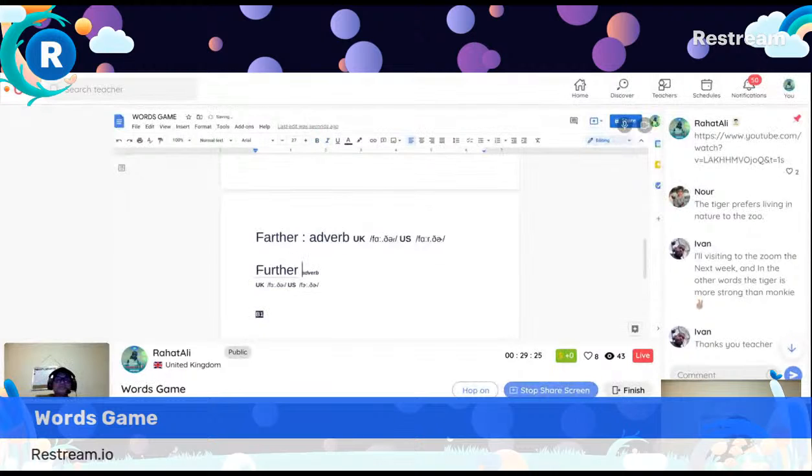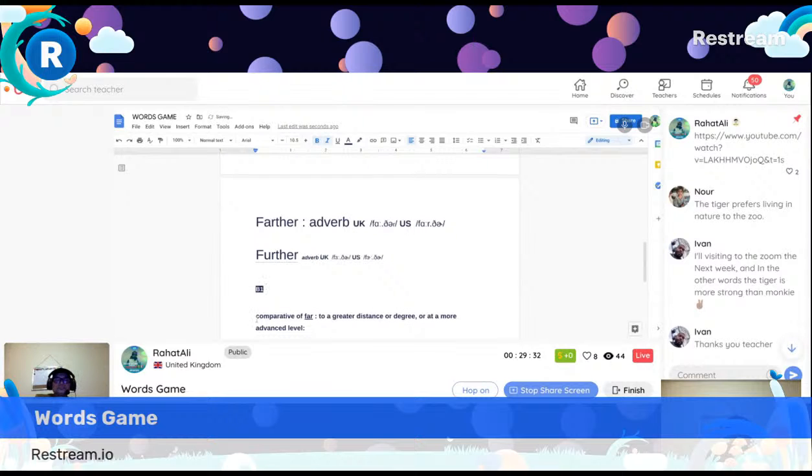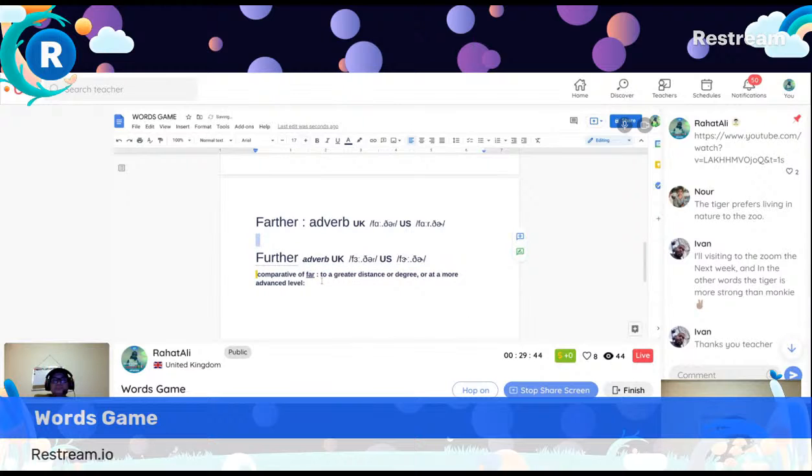This is also an adverb. Okay, I'm going to give you the example, guys.